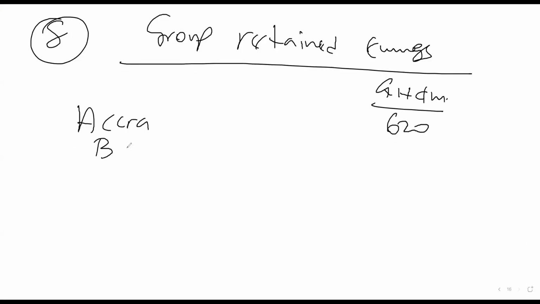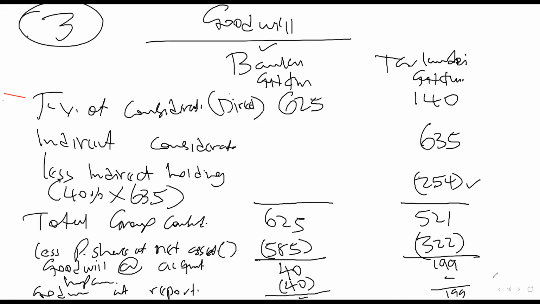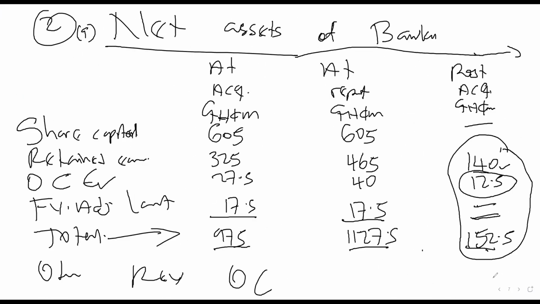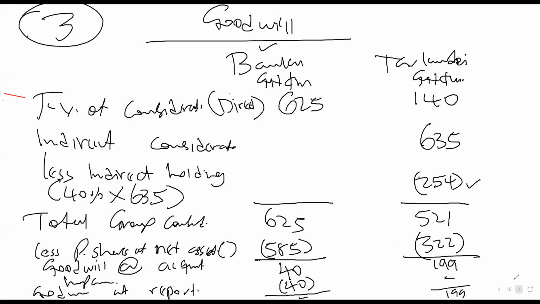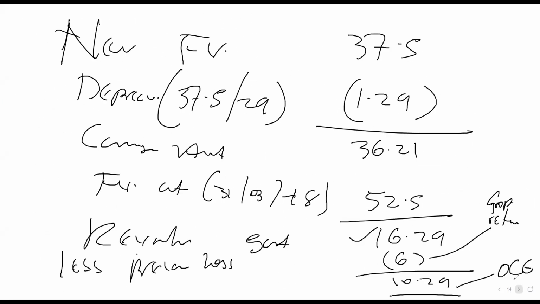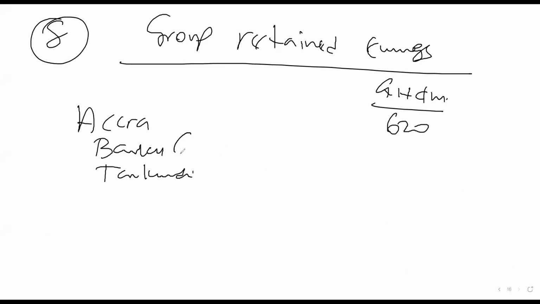Right here, Bokun. Right here, Tadi. Go to your net assets. Bokun, pick 140. I think this one I've explained, not the 152. 140 times 60%.